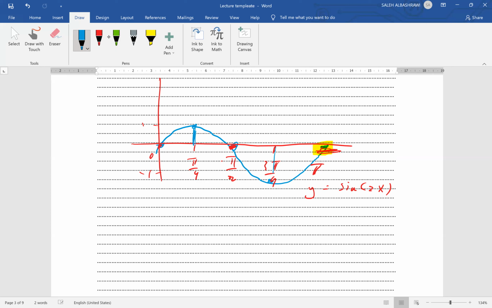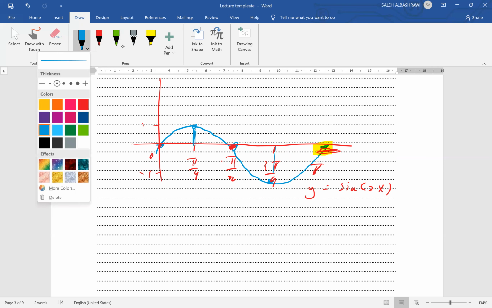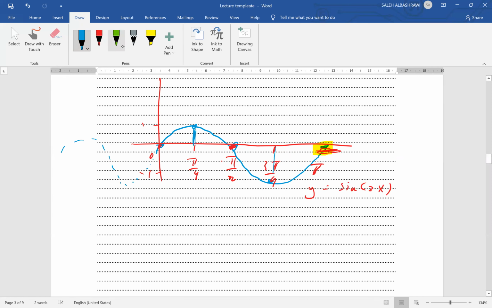And the points for x will be pi over 4, pi over 2, 3 pi over 4, and 1 pi. So this is one period. If the question says graph for another period, we can go for another period, the other side or maybe to the right. But what we are doing now is one period, between 0 and 1 pi. So this is the graph of y equal to sine 2x. The period is only 1 pi.